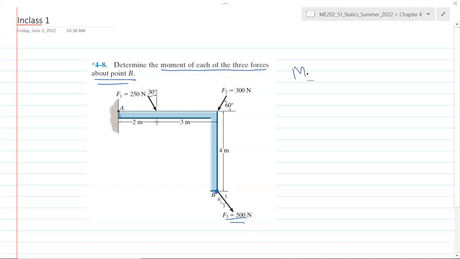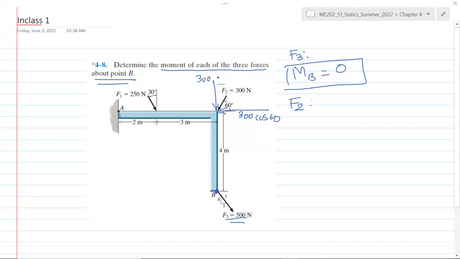So the moment of F3 about B is 0, because it passes through O. Now start with F2. What is the moment of F2 about B? So we need to resolve F2 into components, which is 300 cosine 60 going left and 300 sine 60 in this way.